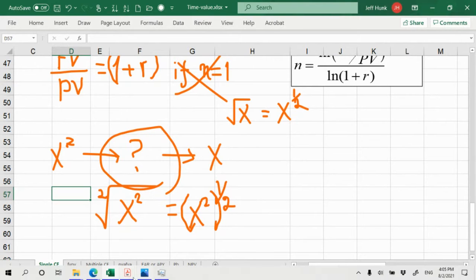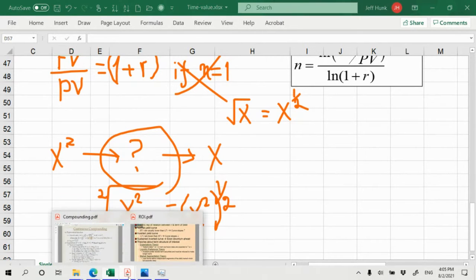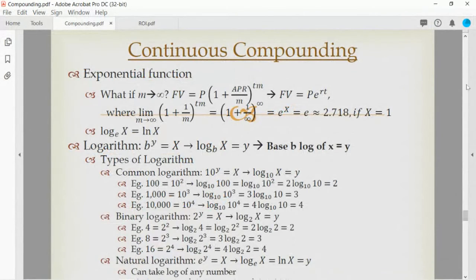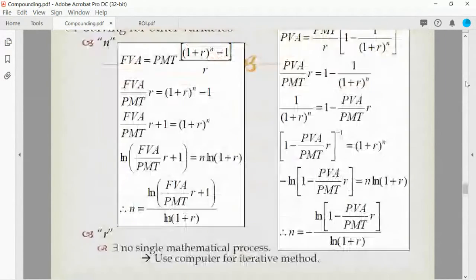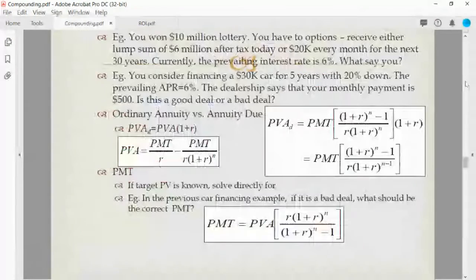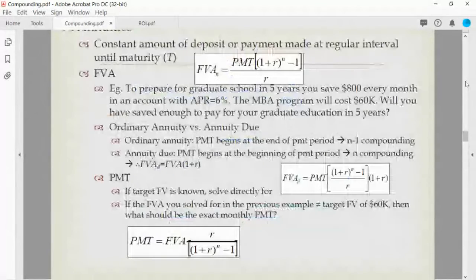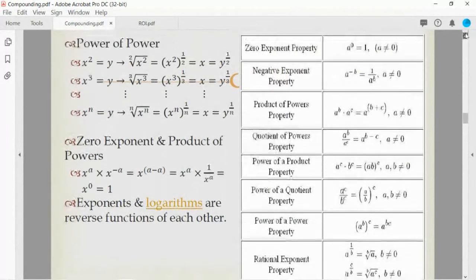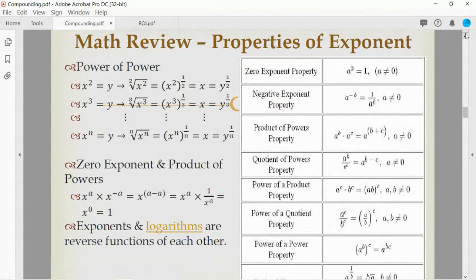Let's do a little refresher. So we all know x squared.